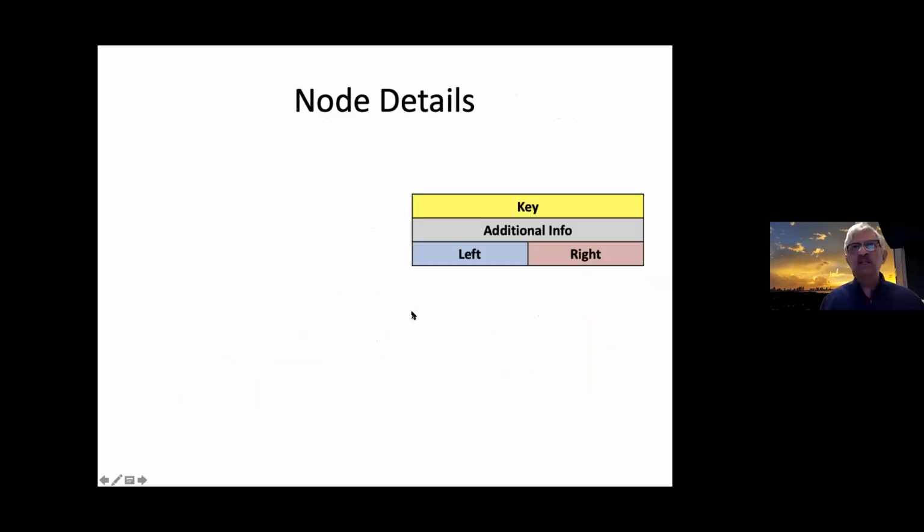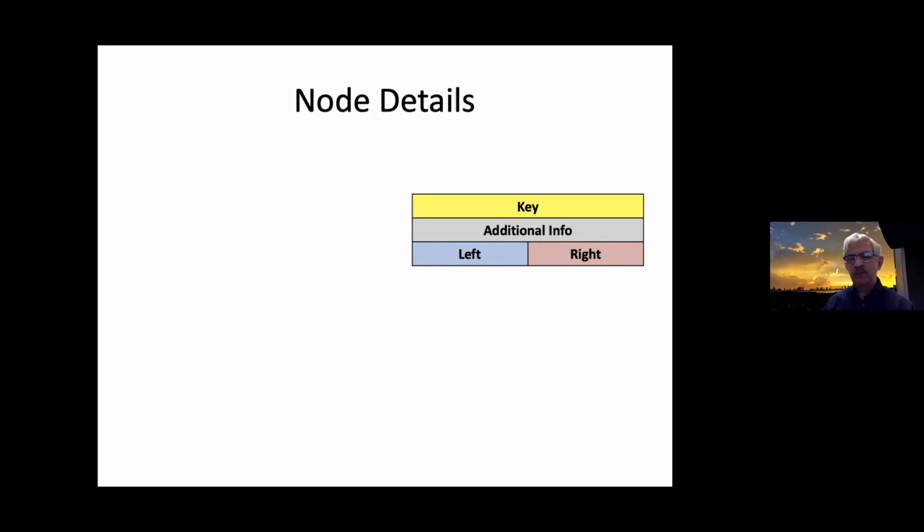If you look at any specific node in the tree, it has these specific parts. The first thing I told you was that it stores a key value. And then I told you that it stores a pointer to the left child and a pointer to the right child. If you want, you could put additional information in these nodes, but that's completely up to you.